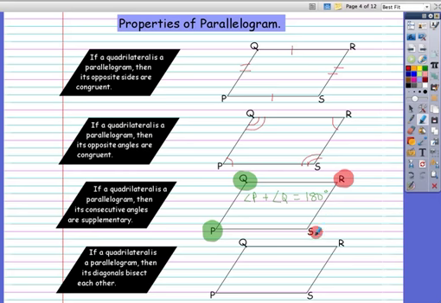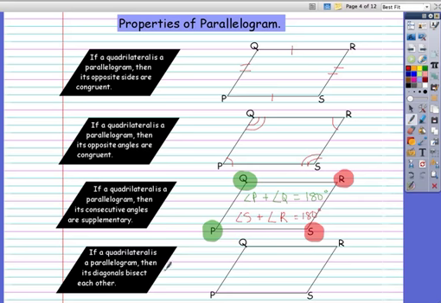Likewise, we have these pairs of consecutive angles, so they too are supplementary. So angle S plus angle R adds to be 180 degrees. So opposite angles are congruent, consecutive angles are supplementary.